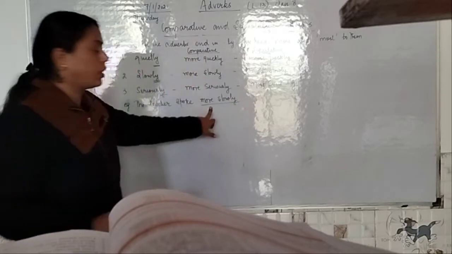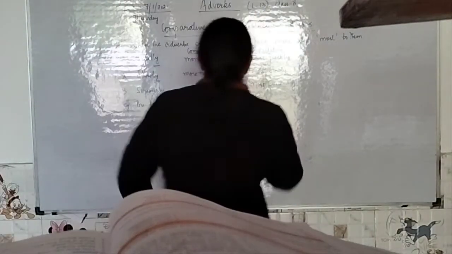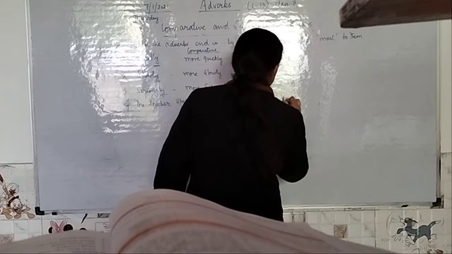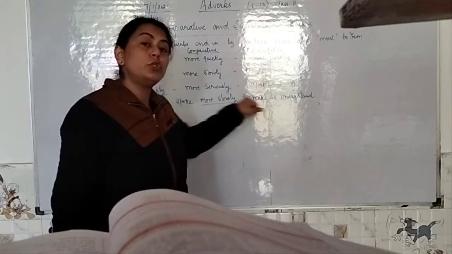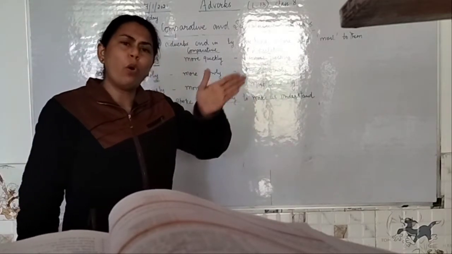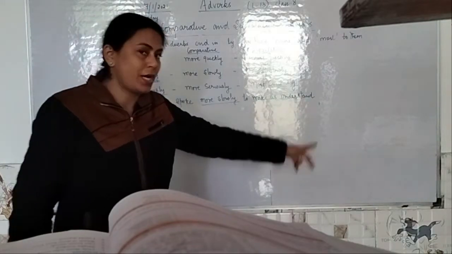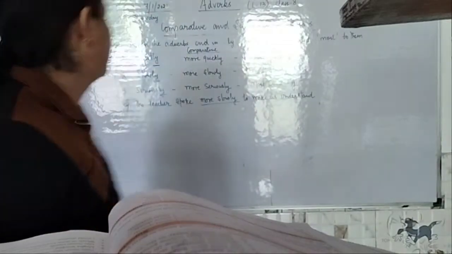So here we are talking about the comparative. The teacher spoke more slowly to make us understand. The teacher spoke even more slowly so that we could understand. And, could you please sit more quietly?